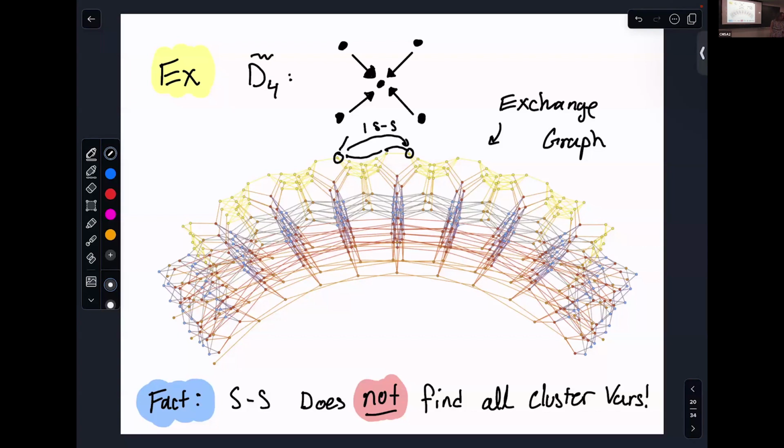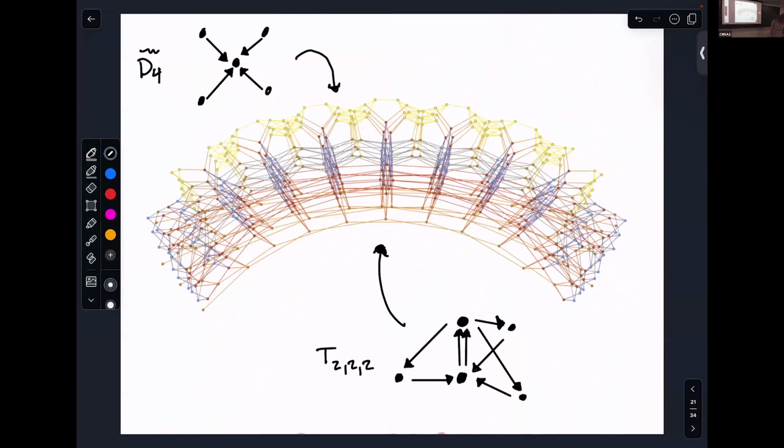And this is going to be important for my story about affine cluster algebras. So it turns out there's a different type of quiver that lives at the bottom. I call these TPQR quivers. And I'll show a big table of them so you can get an idea of what a TPQR quiver is.